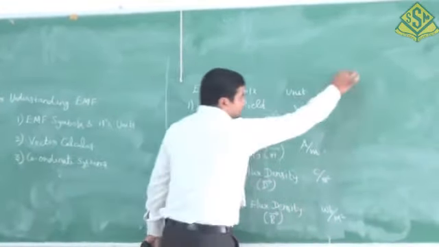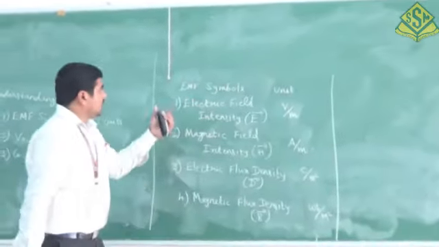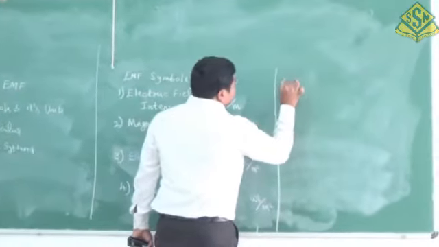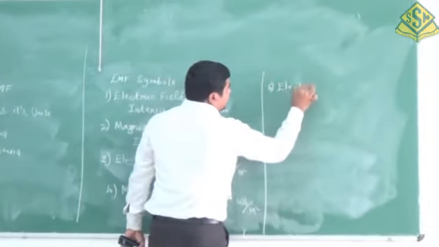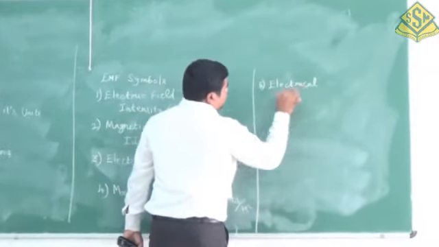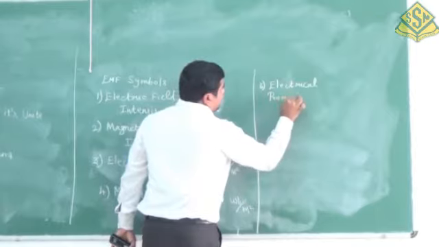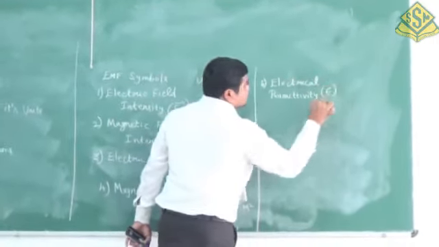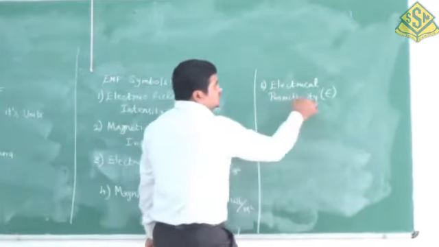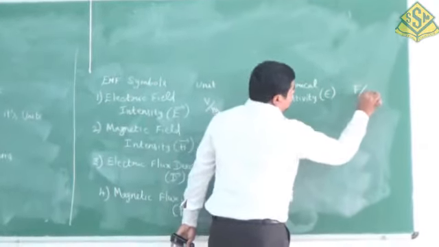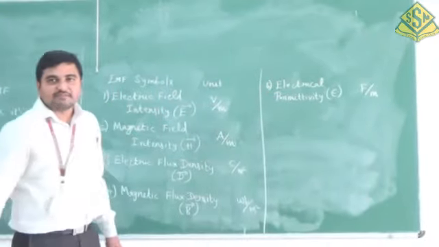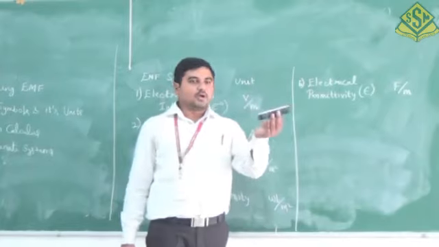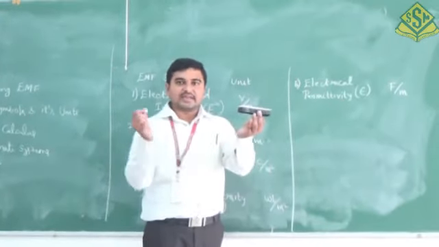Next one is electrical permittivity. So fifth one is electrical permittivity. That is represented as epsilon. Its unit is farad per meter. So consider this as a medium. How much amount of electric field it can permit?